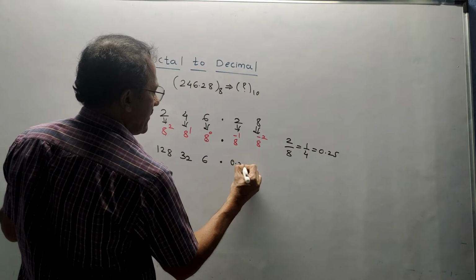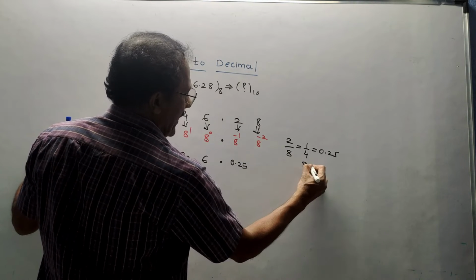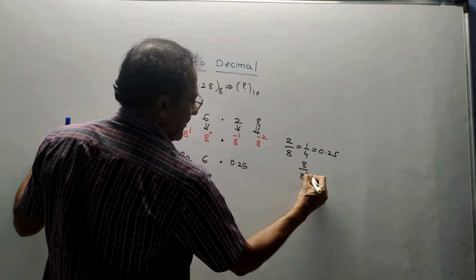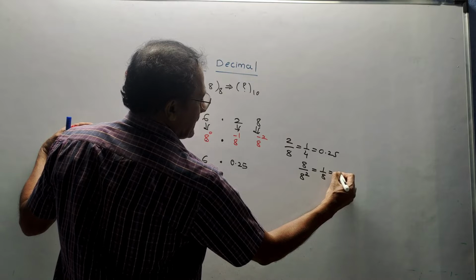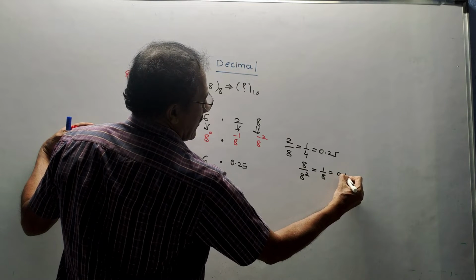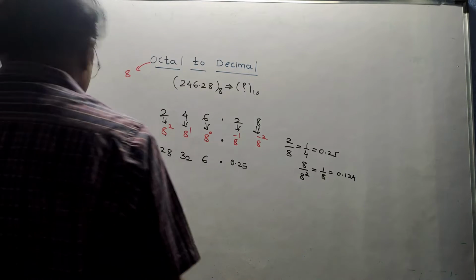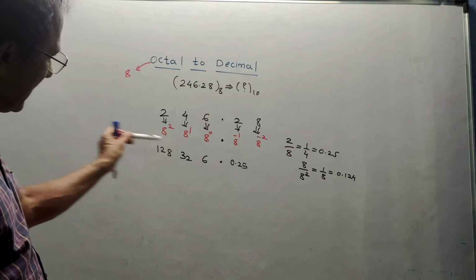Then this is 8 into 8 raised to minus 2. That is 8 divided by 8 squared. So it is 1 by 8. So it is 0.125. So this is the way you can perform the multiplication.